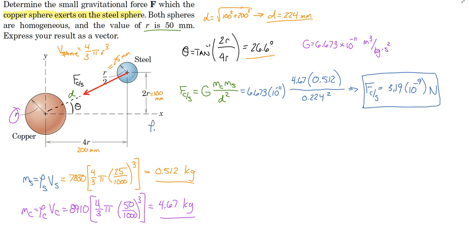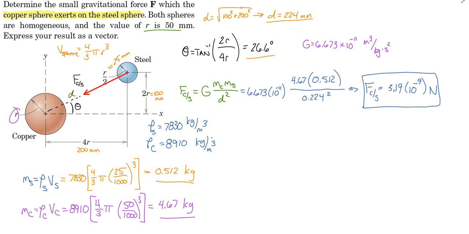So it's important that you put in a length dimension of meters. And that's why we divided our radii by 1,000. And just to be complete, let's go ahead and write rho for the copper, 8,910 kilograms per meter cubed.